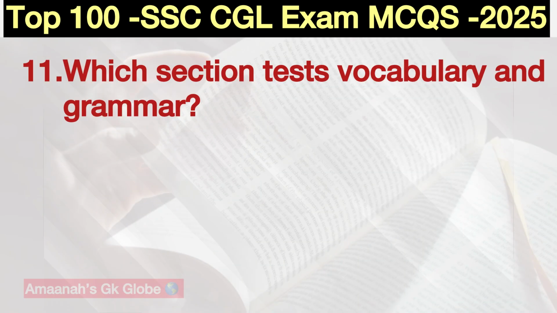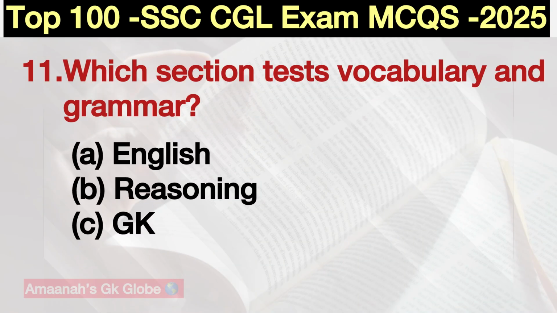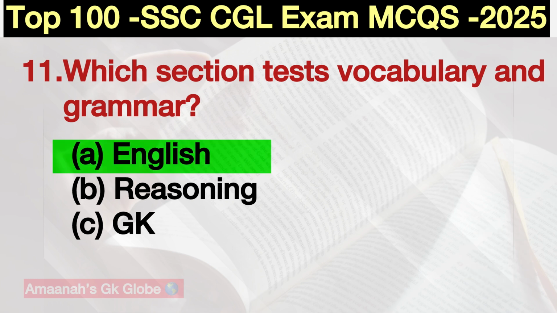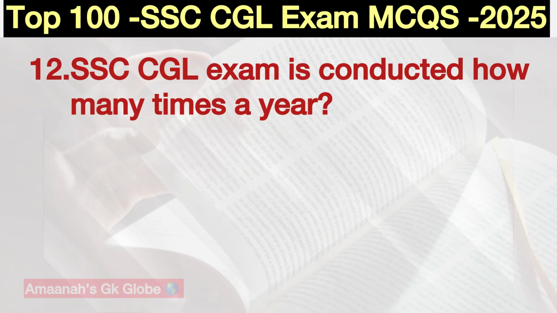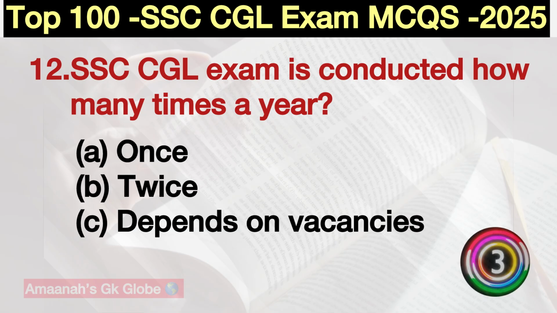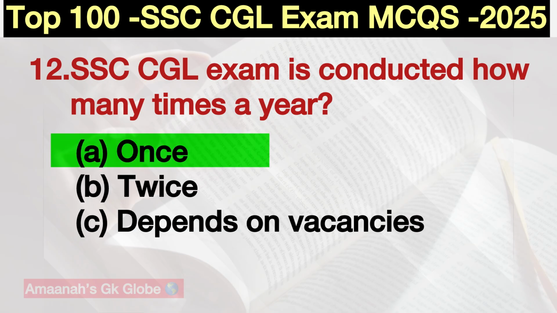Which section tests vocabulary and grammar? Right answer is option A, English. Next question is, SSC CGL exam is conducted how many times a year? Right answer is option A, once.